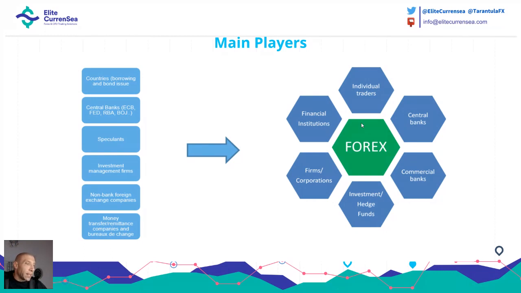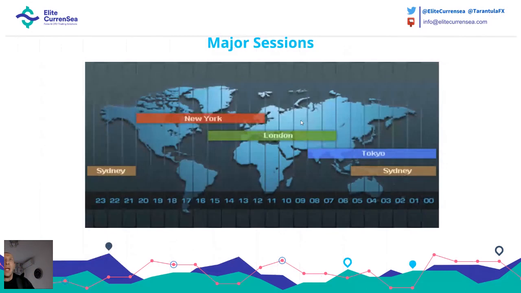Okay, now, guys, what is also very important is to understand the logic of the Forex market. There are literally three major sessions where you should base your trading. It's New York, London, and Tokyo. Everything else, like Sydney, Wellington, Frankfurt, those are not main sessions.